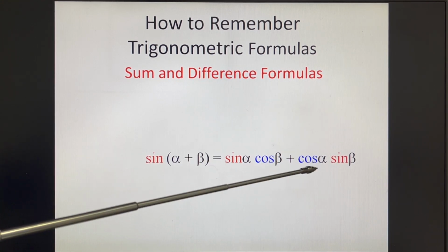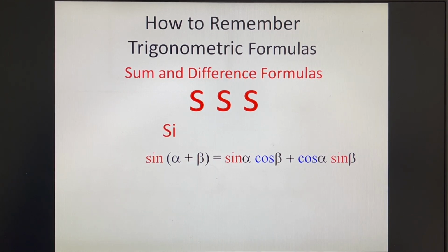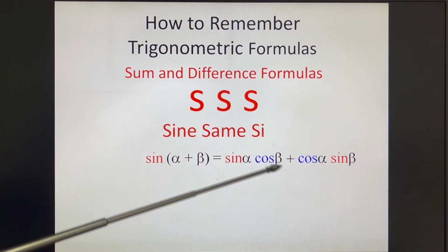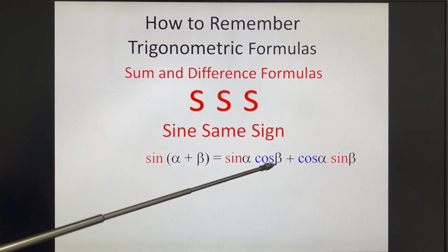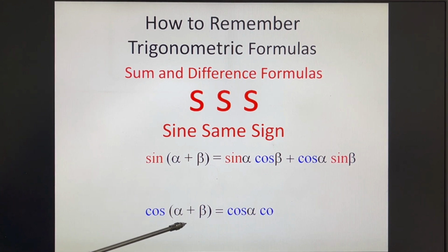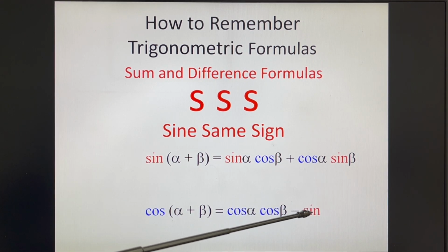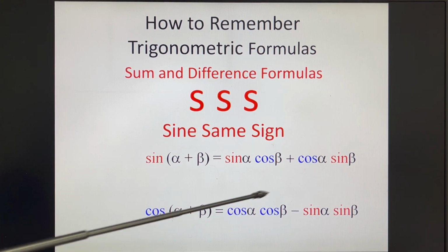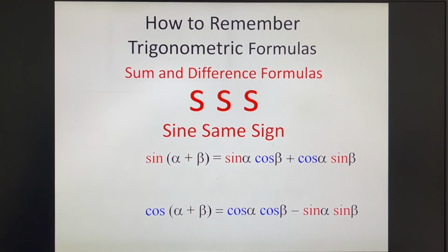Sine, same sign. The function is different: sine, cosine, cosine, sine. And the cosine alpha plus beta is different. How different? The sign is different, and the functions are the same: cosine, cosine, sine, sine.